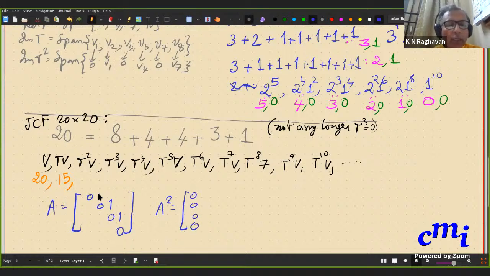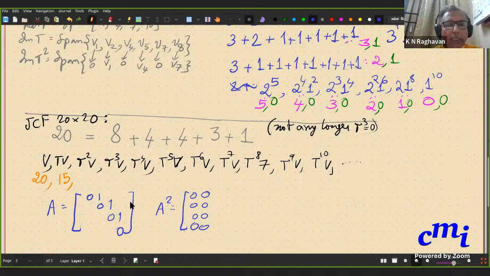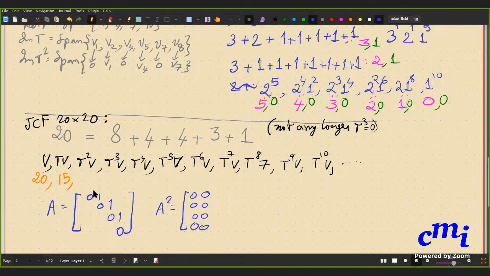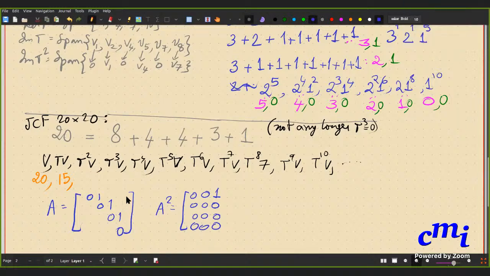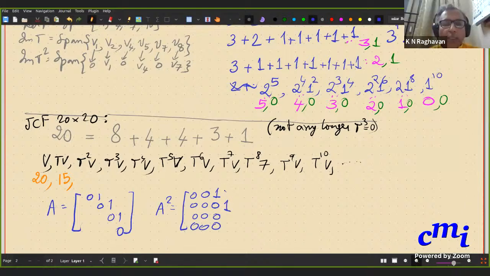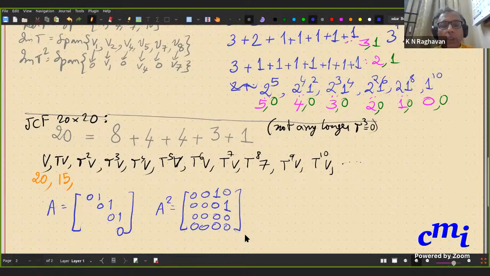V2 goes to V1 and V1 goes to 0 under A, so this is also 0. What about V3? V3 goes to V2 under A and V2 goes to V1 under A. So under A square, V3 goes to V1. What happens to V4? V4 goes to V3, V3 goes to V2. So you'll get 1 here. How many non-zero rows are there? 2.